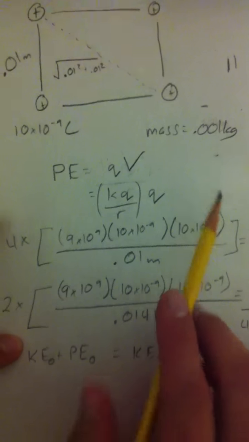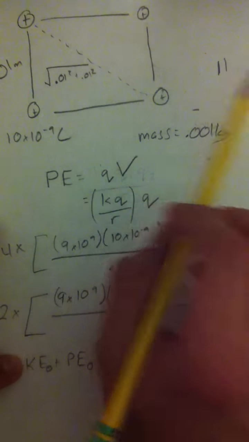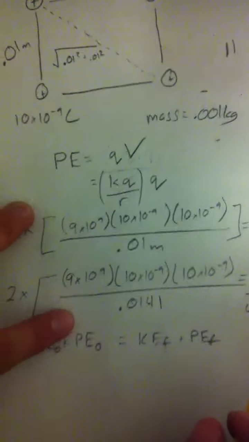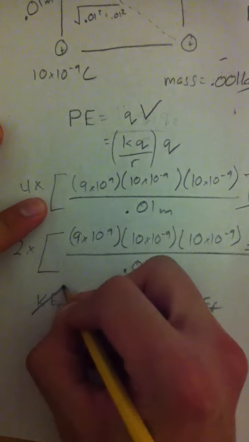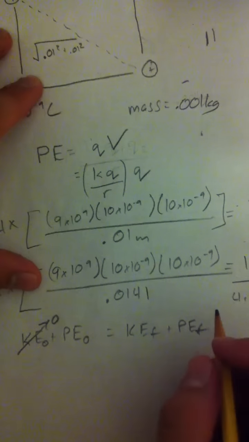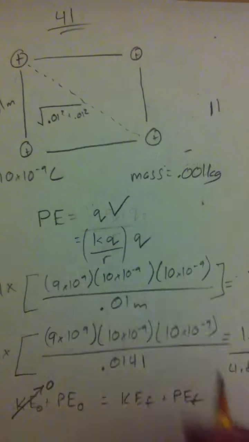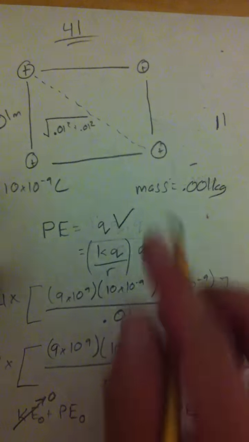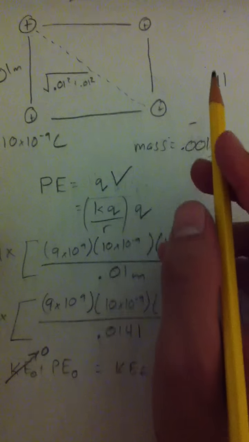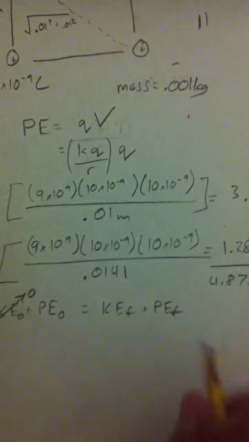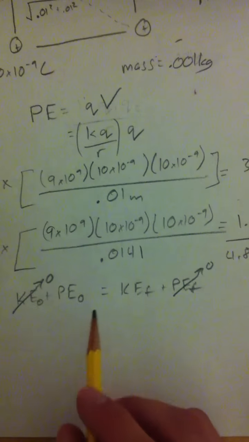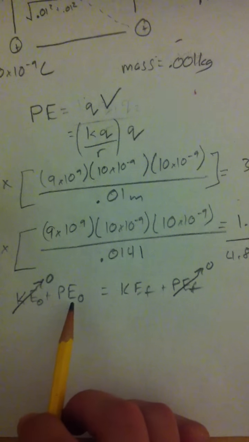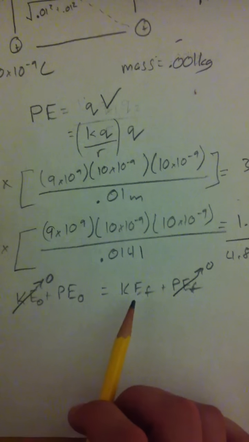In the beginning of this system, our initial potential energy is what we just calculated, but we know that it's not moving, so the initial kinetic energy is going to be 0. And when the question asks what is the speed when they're very far apart, this is assuming that there's no more potential energy left, so our final potential energy is going to be 0. So what we're left with is our initial potential energy equals our final kinetic energy.